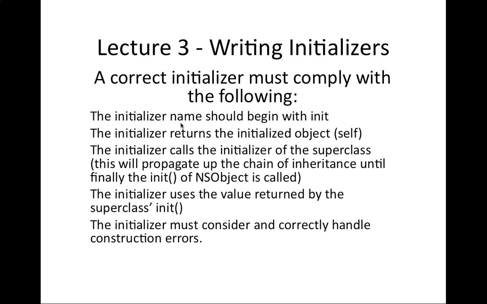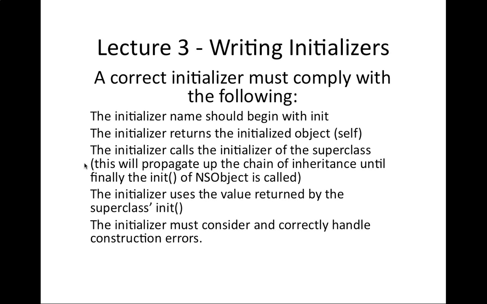Initializer names must begin with init. So we put init at the beginning, and then we can write any method name we want. Usually people will put init with first and last name, init with age, init with ID. It's descriptive, so we can remember what we're initializing, because we mention the parameters that we're passing.